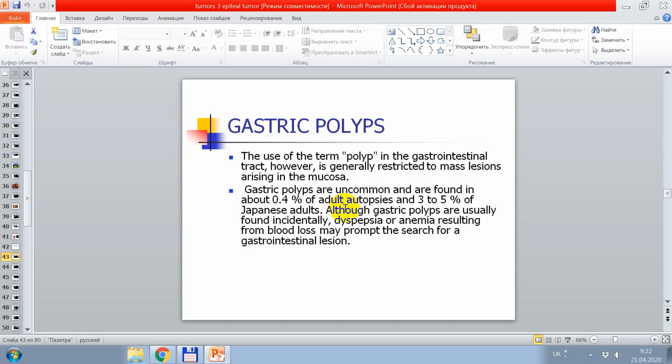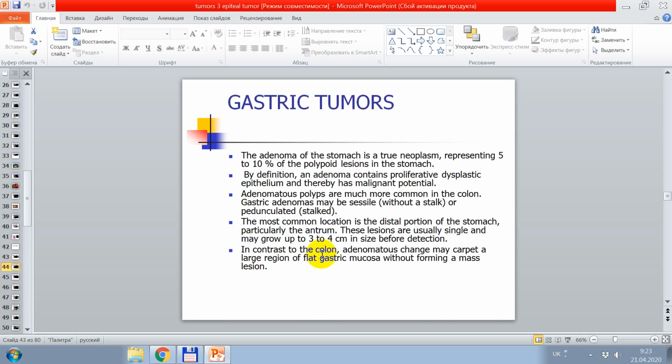Gastric polyps are uncommon and are found in about 0.4% of adult autopsies and 3 to 5% of Japanese adults. Although gastric polyps are usually found incidentally, dyspepsia or anemia resulting from blood loss may prompt the search for a gastrointestinal lesion.